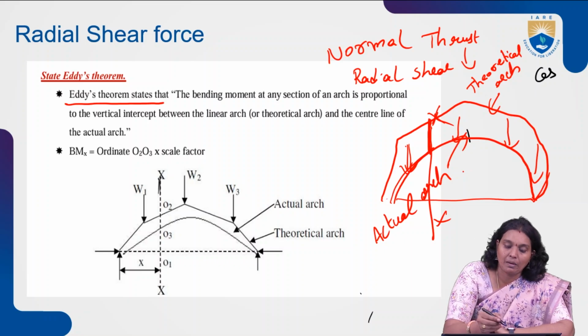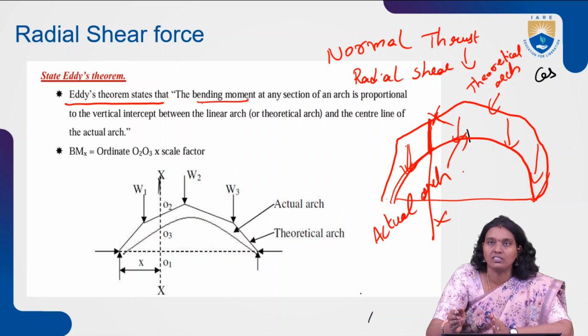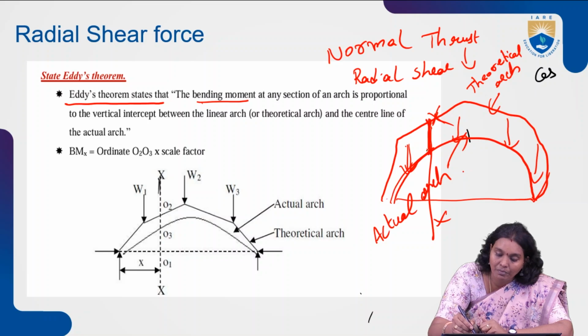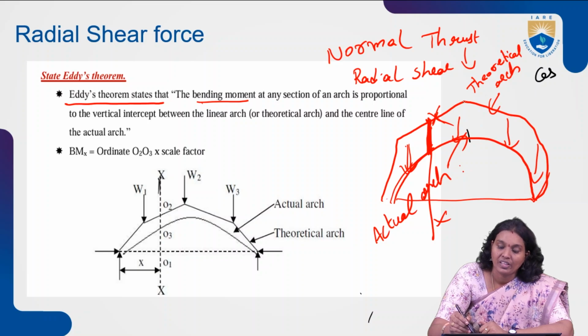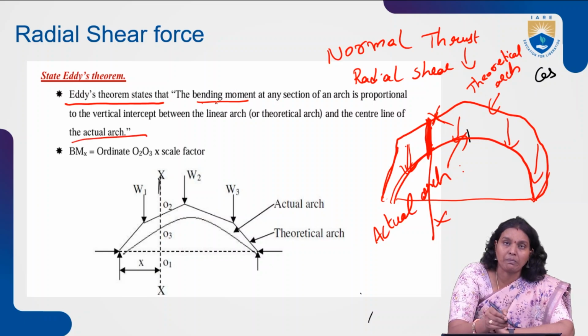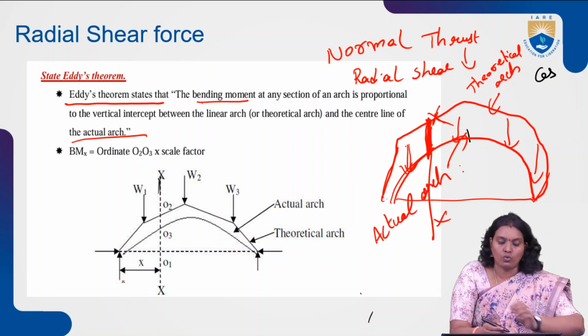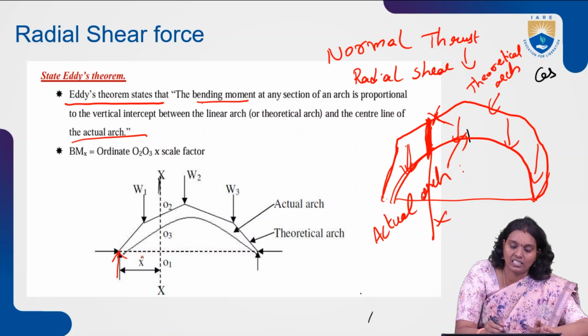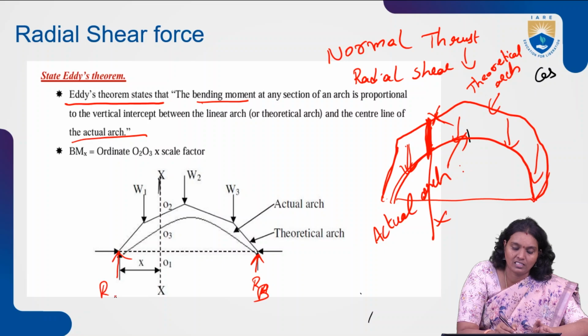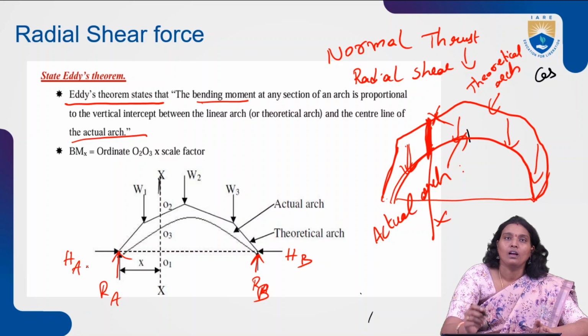Whenever the bending moment at any section of an arch is proportional to the vertical intercept between the actual arch and the theoretical arch, this linear arch is the theoretical arch, and the other is the central line of the actual arch. This is the statement of Eddy's theorem. Here, from the two supports, we consider the reactions, vertical reactions and horizontal reactions, at the point.